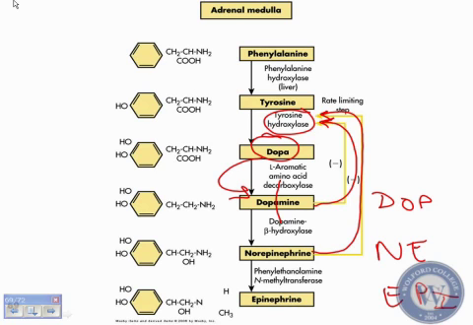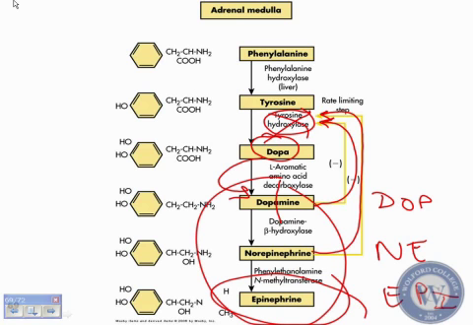That's the rate-limiting step that comes back as a negative inhibitor and shuts down the system if you want it to be shut down. Notice that epinephrine doesn't really have a negative feedback mechanism. It's only norepinephrine and dopamine that actually have the negative inhibition step. Those are the ones you shut down. You have to shut this down to stop releasing this stuff into your bloodstream, because you decrease the production.